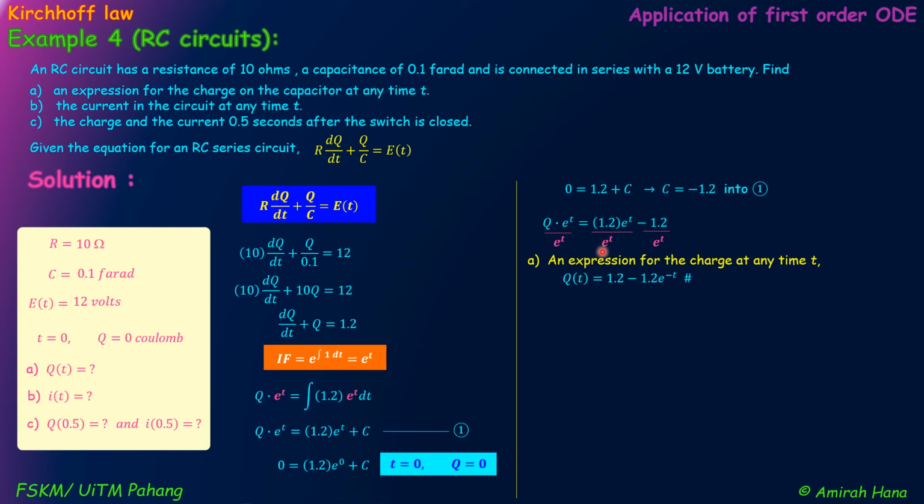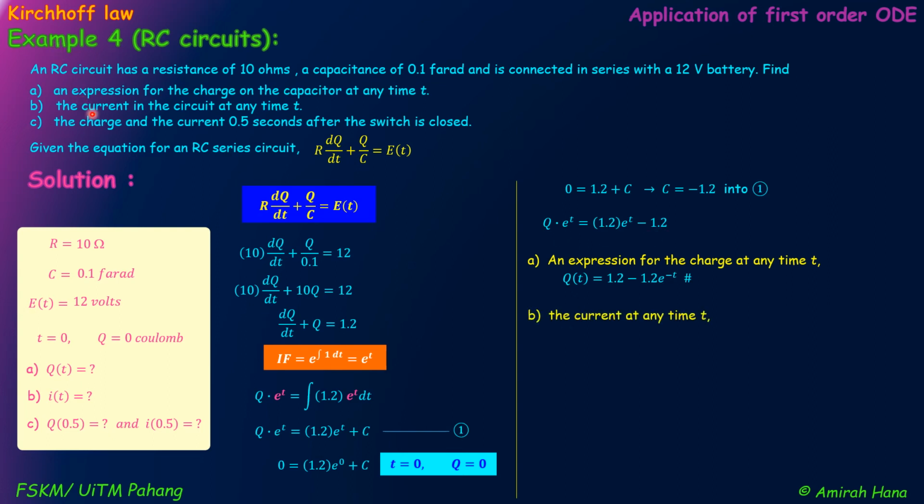Using the properties of indices, we can move e to the power of t up, so we get negative 1.2 times e to the power of negative t. This is the charge at any time t, meaning Q in terms of the variable t.